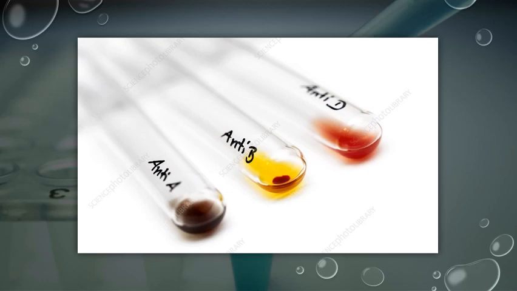There is a need for further testing at 37 degrees Celsius or AHG phase to determine the D status of the patient. This happens when the individual has a weak D phenotype.